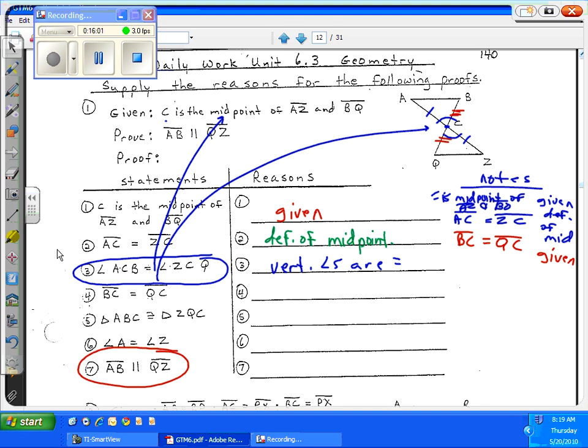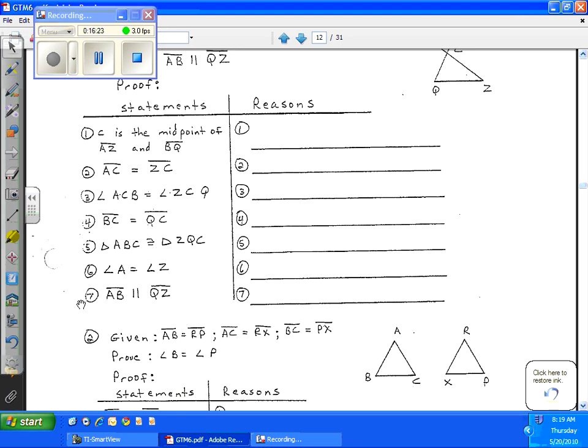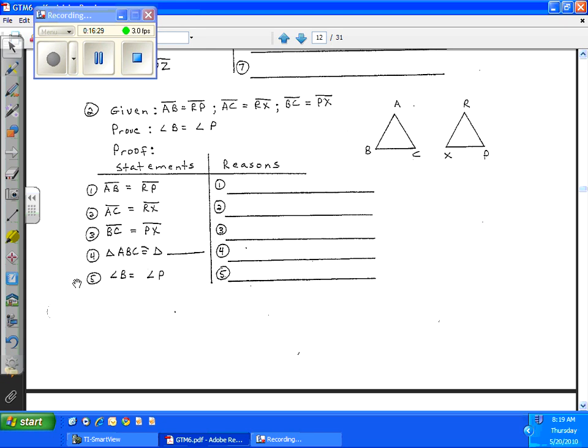A parallelogram has opposite sides parallel. If you could prove something was a parallelogram, then you could conclude that it must have parallel sides because of the definition. So there are some of the options for number 7, but you can look at what you're given and what's going on in the statements above and figure that out. Okay? All right.